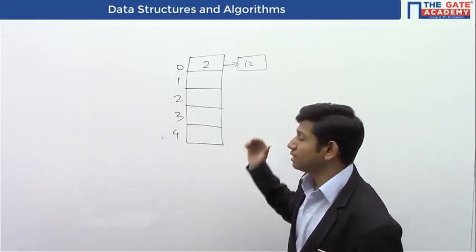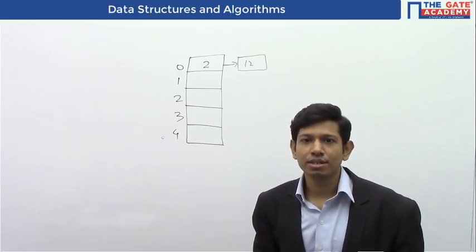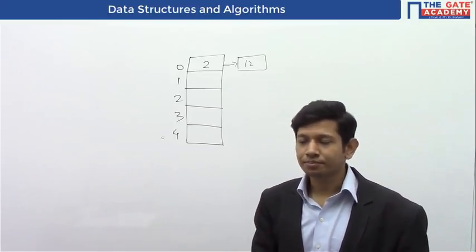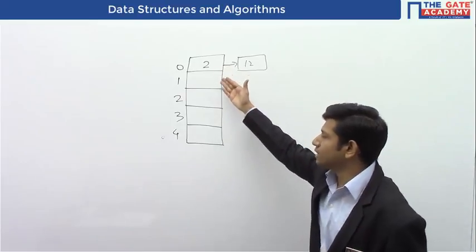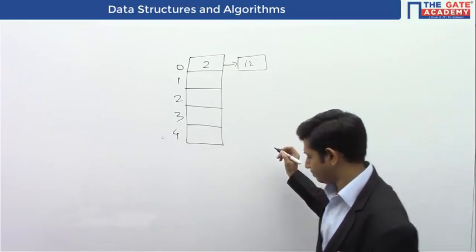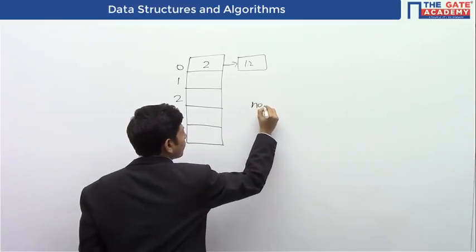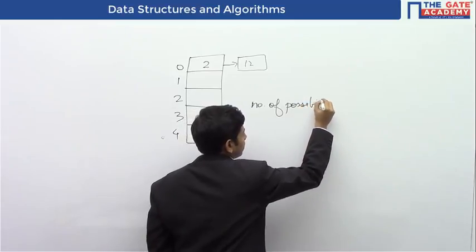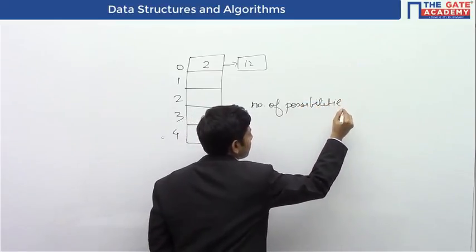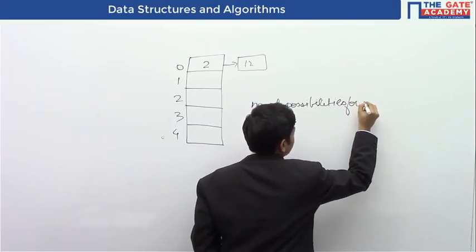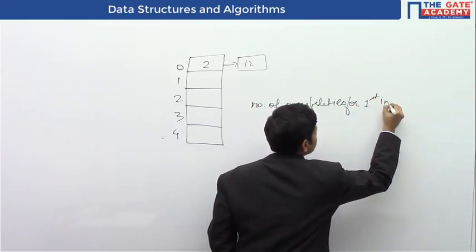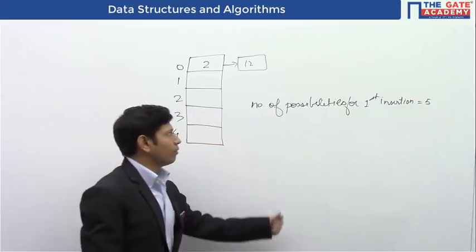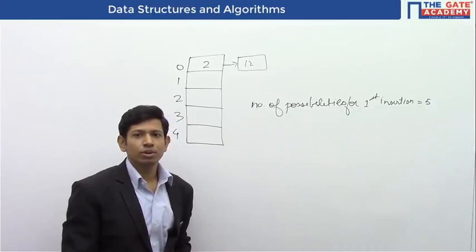Now as we have seen that chaining is allowed in this hash table. In this problem they are using chaining. So if they are using chaining, the number of possibilities for first insertion is 5. Why is the number of possibilities for first insertion equal to 5?